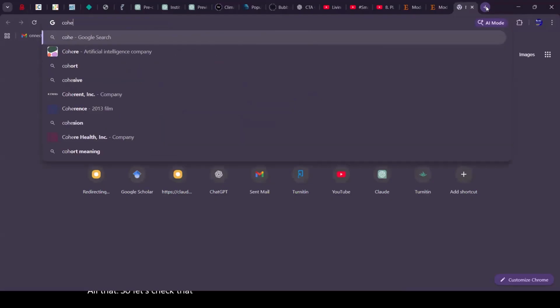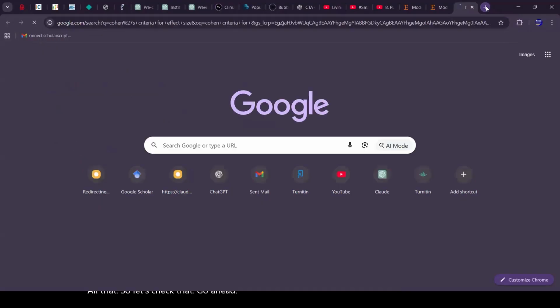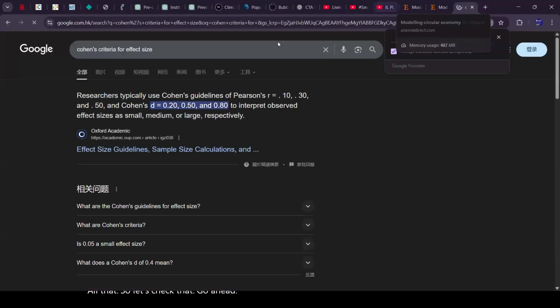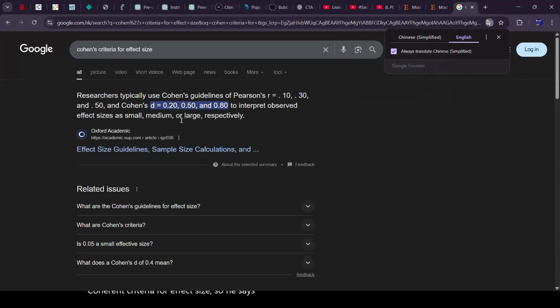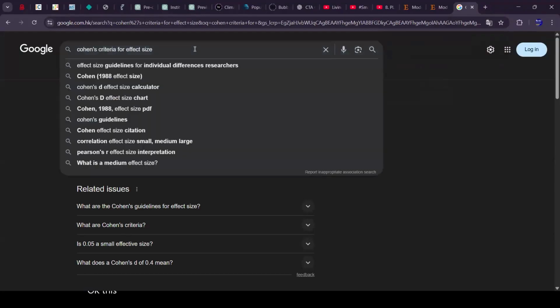Cohen's criteria for effect size. Okay, let me check social science.